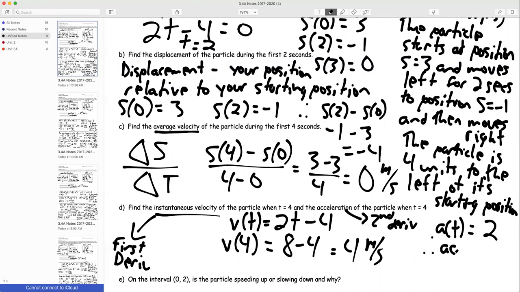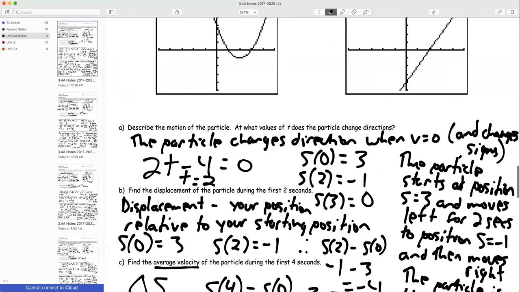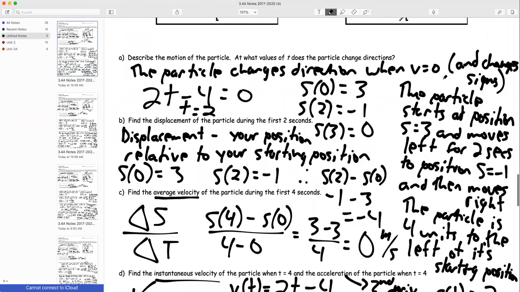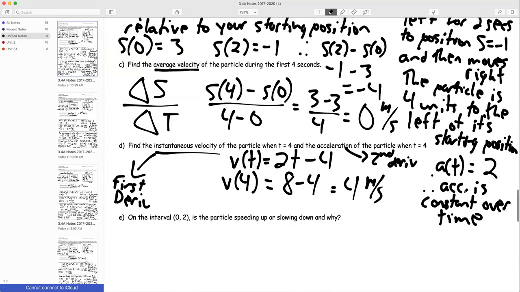So acceleration is constant over time. We already knew this, however, right? How did we know this? Well, look at the slope of this graph. When is it 2? Always. It's at 0, it's at 3, it's always 2, okay? So the acceleration is constant over time.